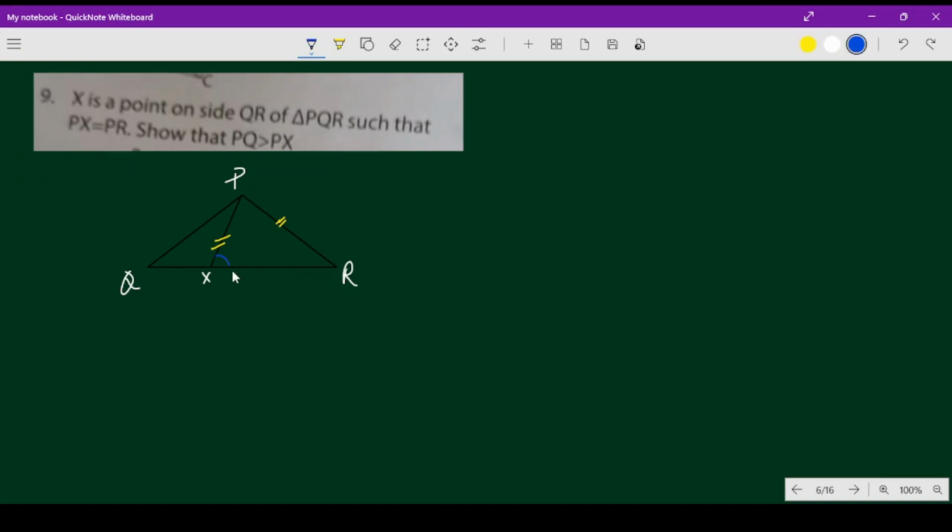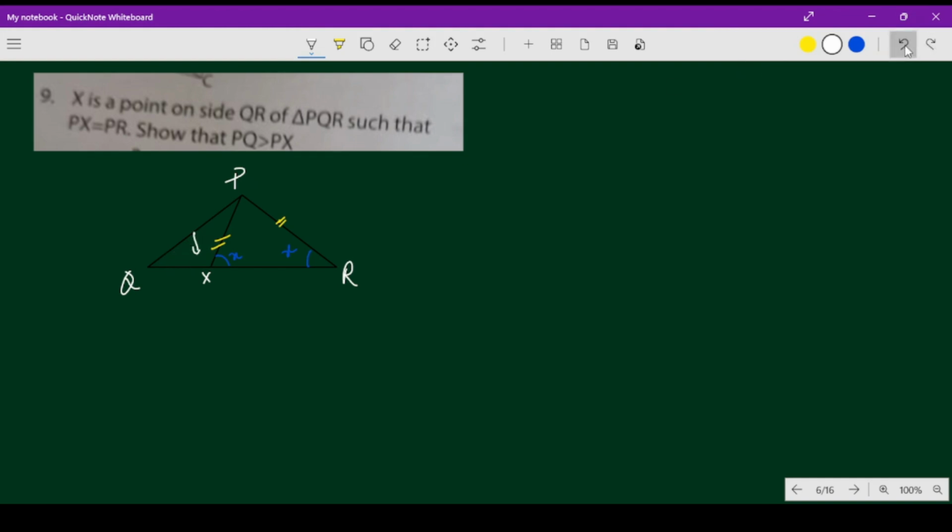So opposite of PR is this, let's say this is X, and opposite to PX is this, let's say this is also X. Now we need to prove that PQ is bigger than PX. So if we see the picture carefully, PQ is opposite of this angle, and PX is opposite of this angle.